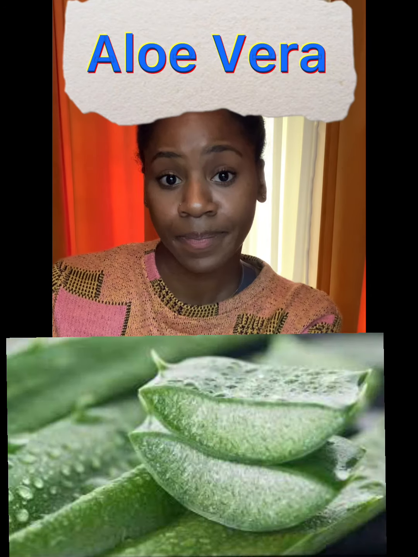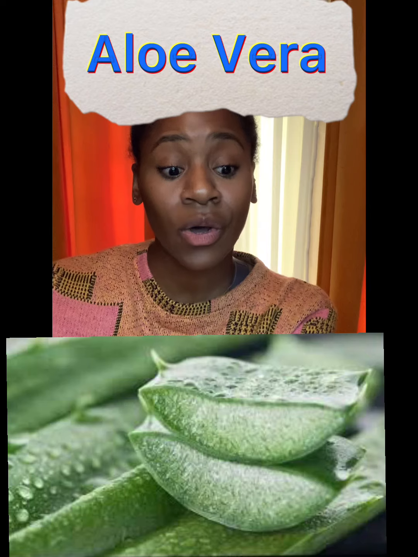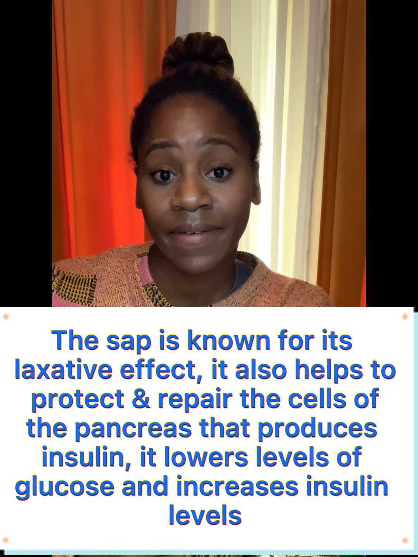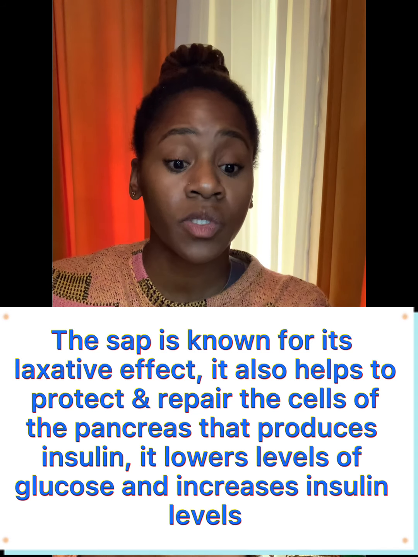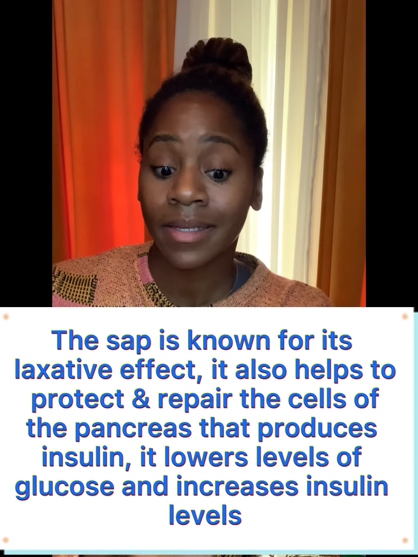Aloe Vera. This is known for its laxative effect, and if you use the sap of the aloe vera, it helps to protect and repair the cells of the pancreas that produces insulin. It lowers the levels of glucose and increases your insulin levels.